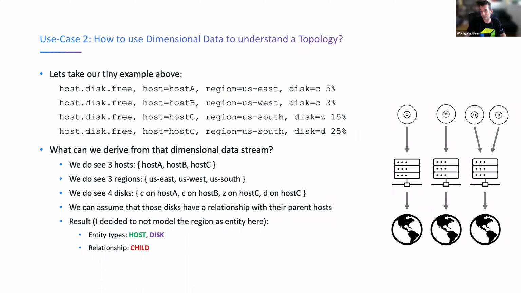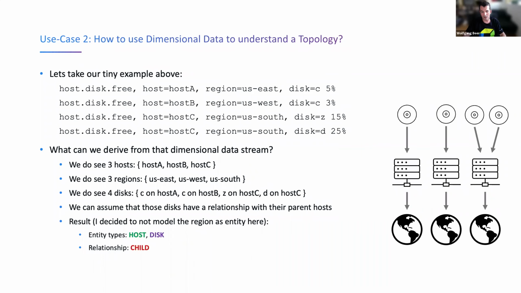Probably you have 30,000 C disks. The uniqueness of the disk comes in relationship with the underlying host, and that is shown here on the right side. The topology that you could extract out of it is the region, the host, and the disk running on top. And for host C, we have two disks running on top.